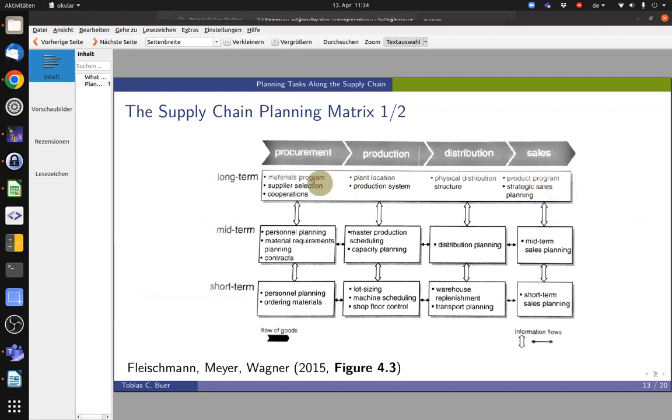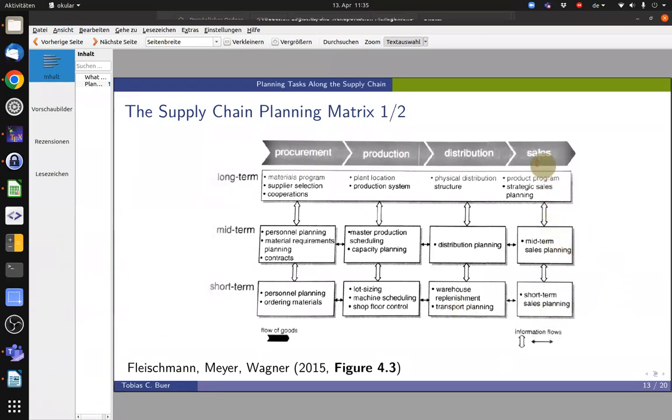Now we discussed every individual module in this matrix. And the coordination between these different tasks is mainly done by exchanging information. Exchanging information on the horizontal level between the planning tasks, the long-term range, the mid-term range, or the short-term range.